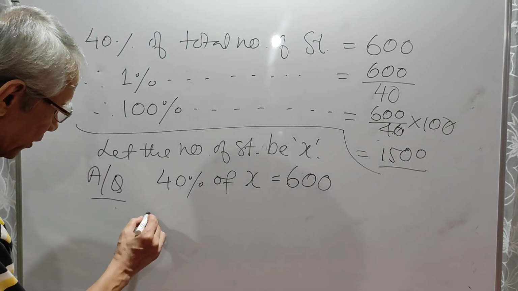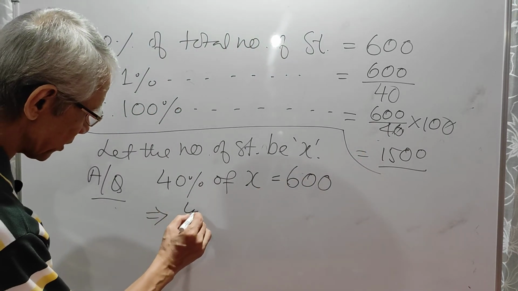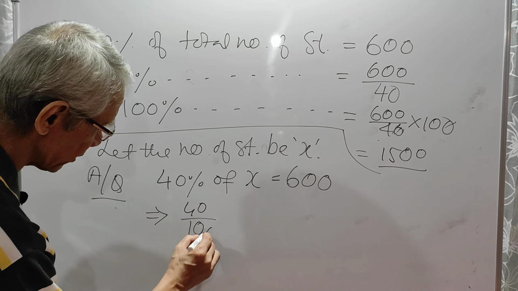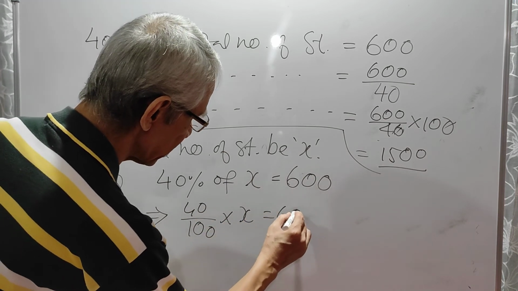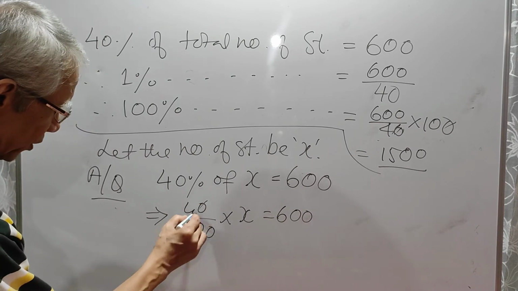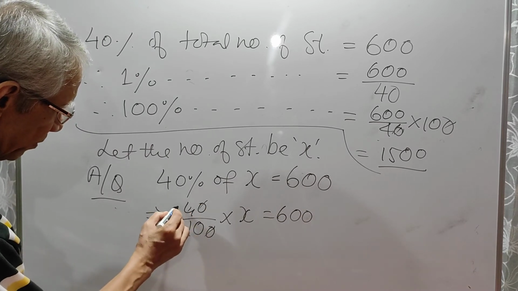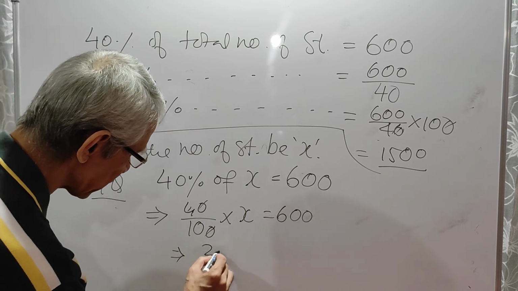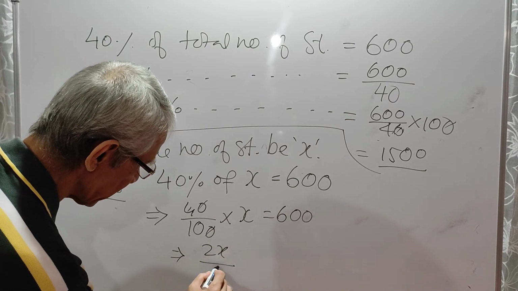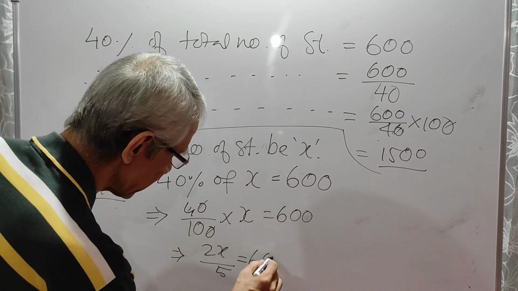Okay, so solve it. So 40% means 40 by 100 into x, that is equal to 600. All right. Now this 0, 0, so it is 2 by 5. So 2 by 5 x, that means 2x by 5 equal to 600.